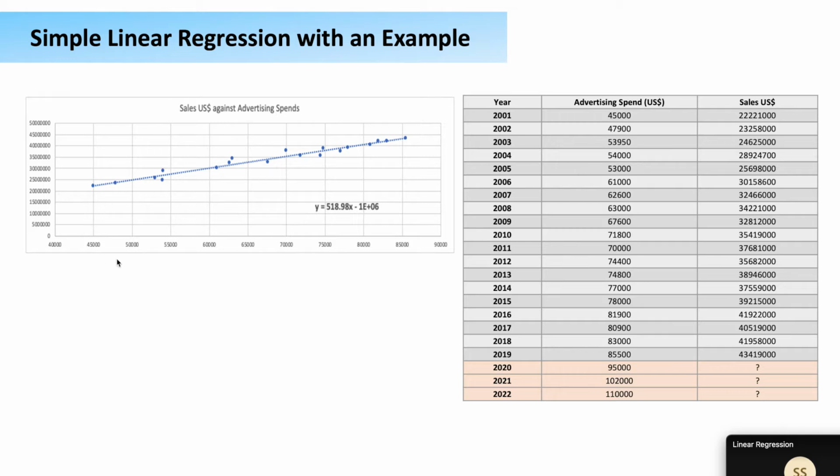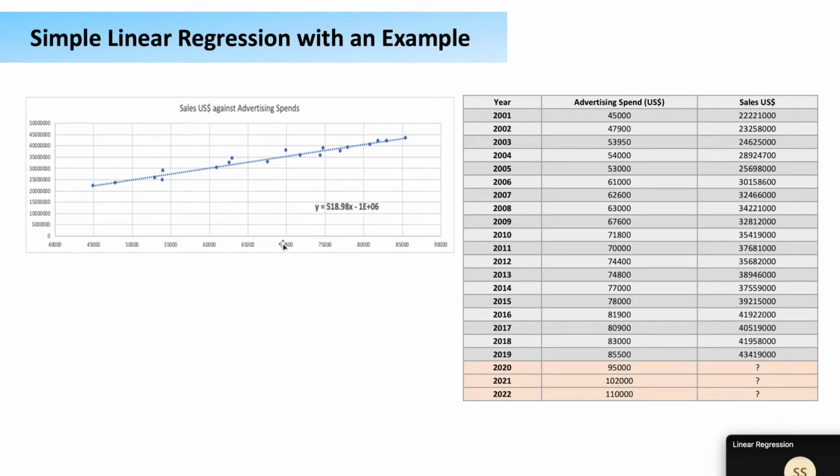Okay, so if you look, this is simply done in Excel sheet. All right, and you can also do it. So we have plotted the advertising spends along the x-axis, and we have plotted the sales dollars along the y-axis, and the blue dots here are all the data points that you have.